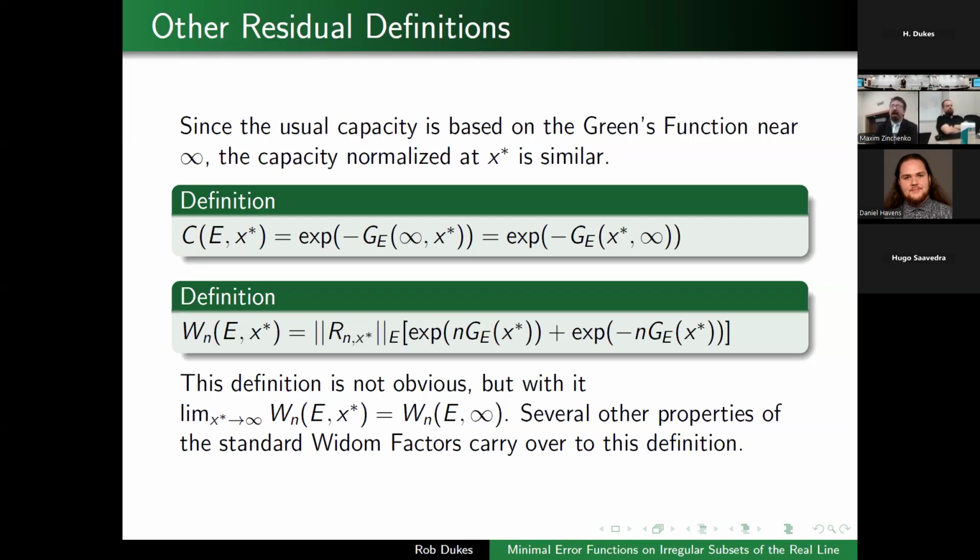And then the Widom factors, this one's a little surprising because you would expect it would just be the residual norm times capacity, but it's not. It's actually capacity, it's C_E to the n plus C_E to the negative n, C_E of x. But with that definition, you get the nice property that the Widom factor at x star, if you take x star to infinity, you get the old Widom factors. And it has some other properties that carry over nicely, but you have to use this definition, which is a little less than obvious.